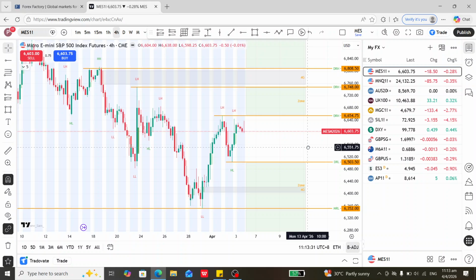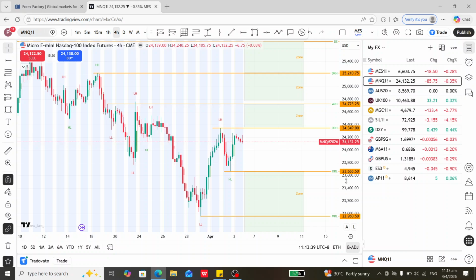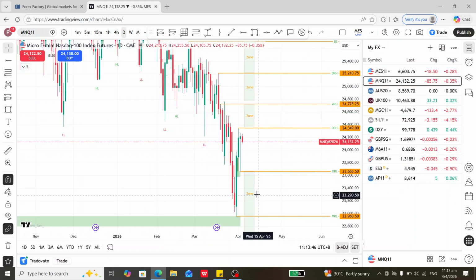Okay, so for the S&P 500, I got two interesting zones. Go to Nasdaq. Okay, Nasdaq is quite similar. I got a few zones that I marked out. Based on the daily chart, the nearest sell zone of interest is this one, daily rejection low to the next level, a monthly rejection low.